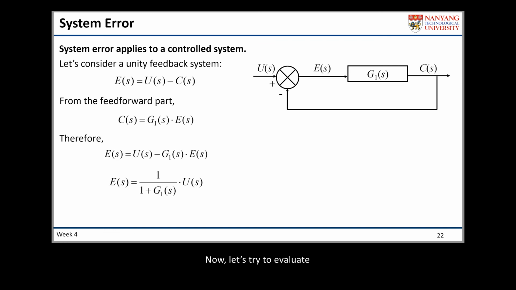Okay, now let's try to evaluate the accuracy of a closed loop system, or you can consider it as an air conditioning system, when you know the transfer function of the heat pump together with the controller. The transfer function of the heat pump and the controller is represented by G1. You still remember, right?